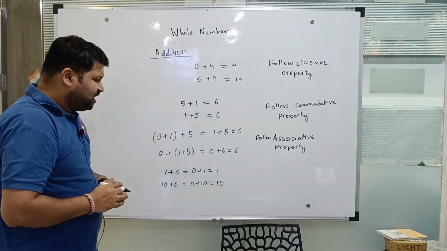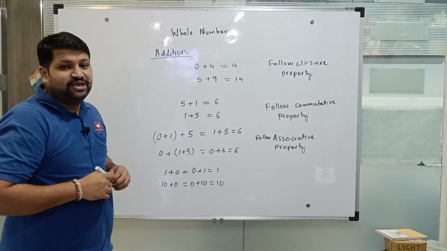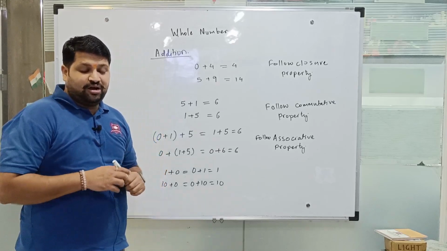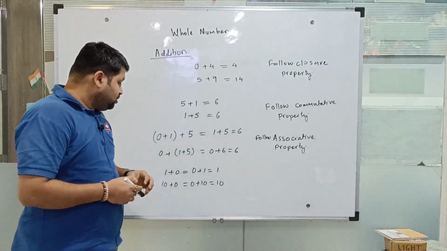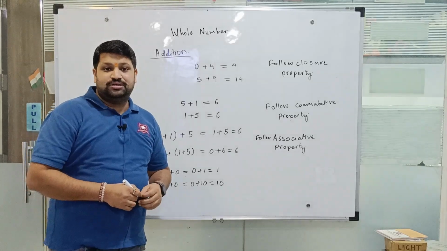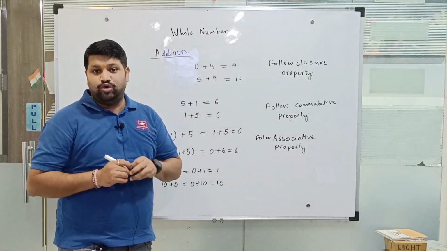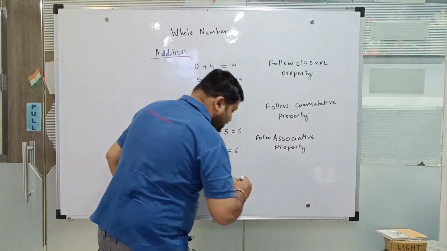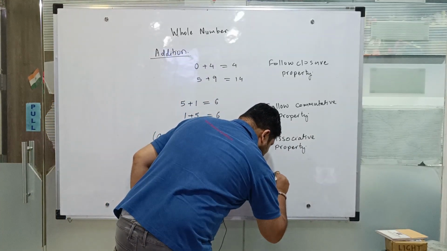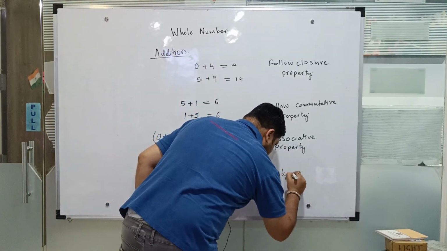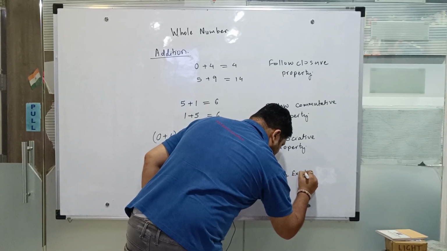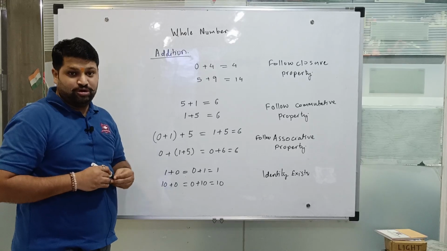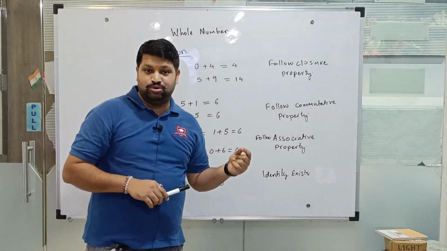This tells us that the additive identity of whole numbers exists, and that identity is 0.